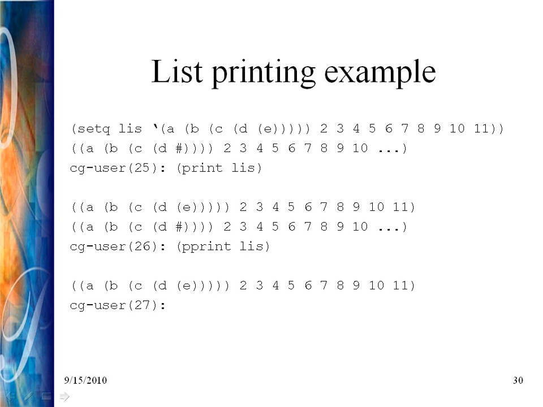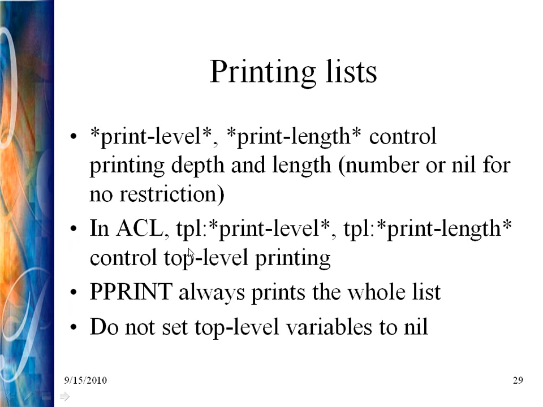Now, the reason we suggest that you not set the top-level print level and print length to nil is that every once in a while you happen to access a list, typically an internal list, that is very, very long, has hundreds or thousands of elements. And if for some reason that comes up in an evaluation, it would be printed out, and you would just get a very great deal of stuff printed to your screen, which you're not interested in.